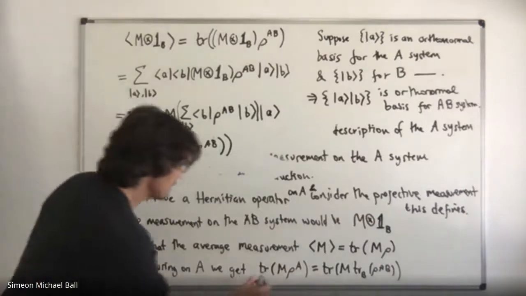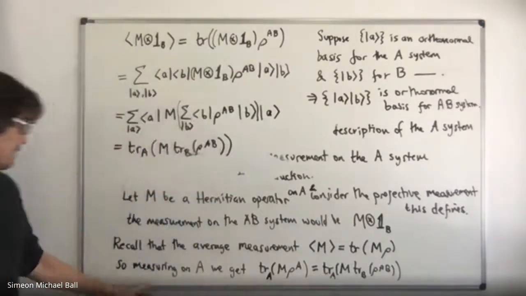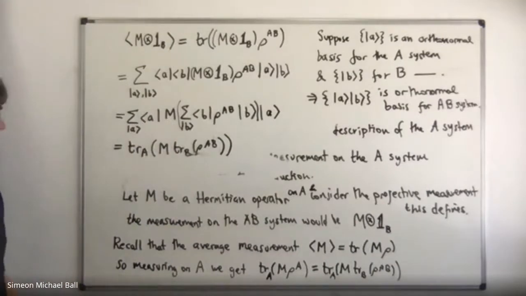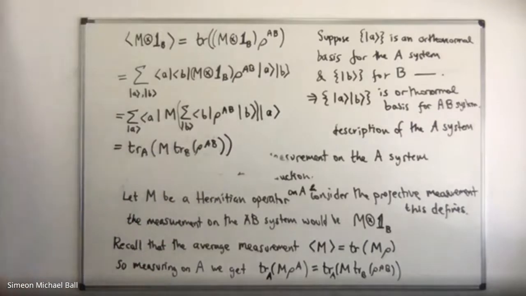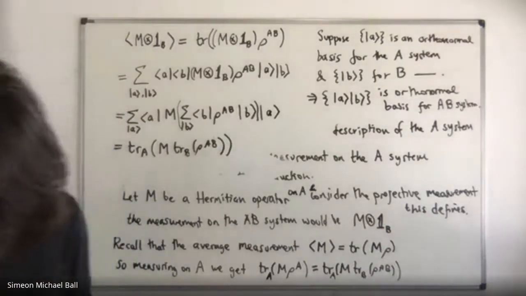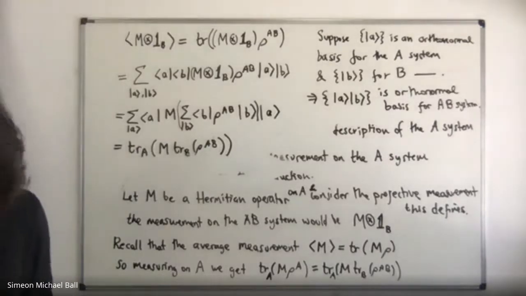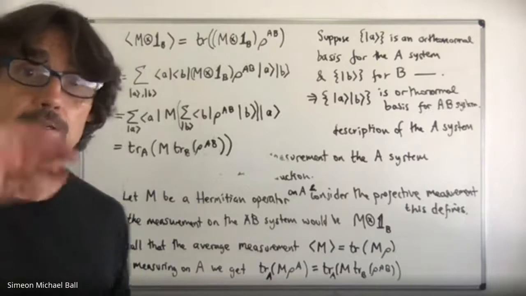Maybe I should say, this is obviously tracing over the A system here, because we're measuring on A. So this is a justification for why the partial trace is the correct way to look at the reduced system.